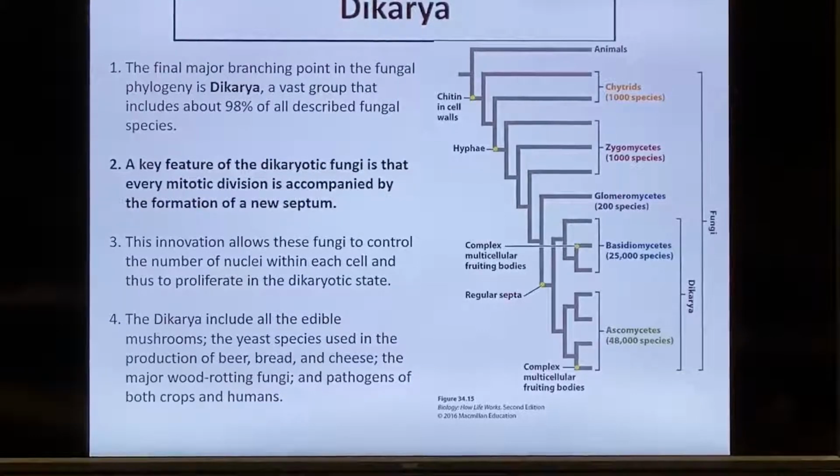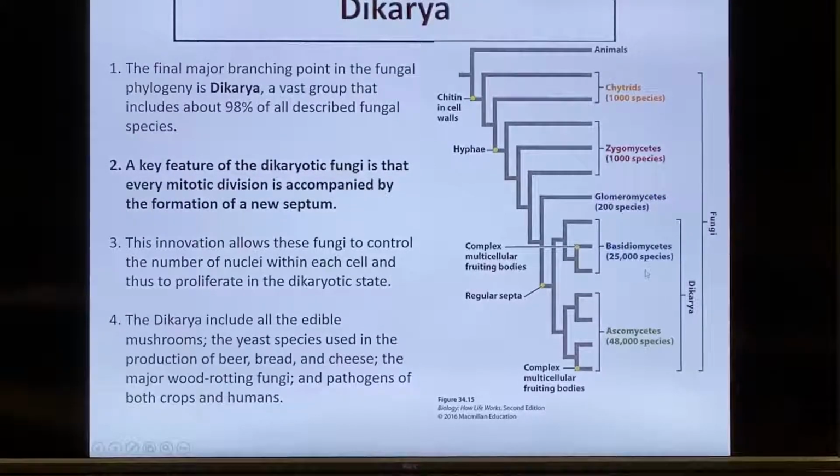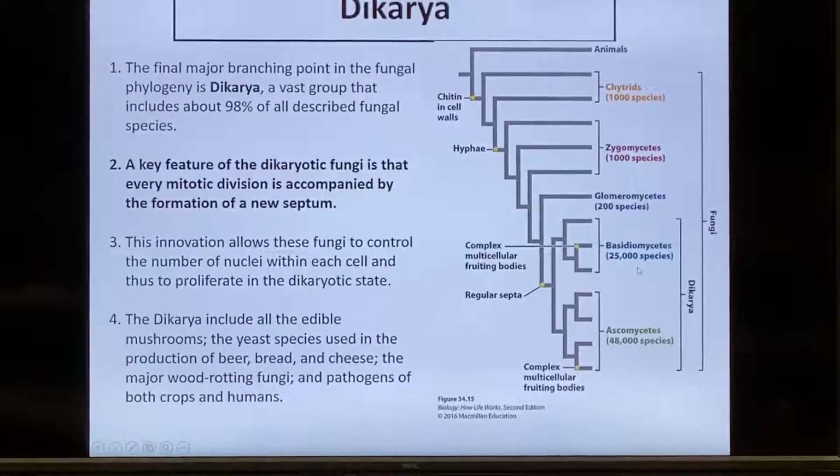In the Ascomycetes, the spores are initially formed inside of a sac structure. The other things to remember are that the Basidiomycetes' fruiting bodies are the ones we're most familiar with, the mushrooms. The Ascomycetes make some things that are kind of like mushrooms, like some of the morels that we looked at before in a picture, and some of the puffballs, but they're also the groups that contain the most important yeasts, the ones that we use for brewing, baking, cooking.